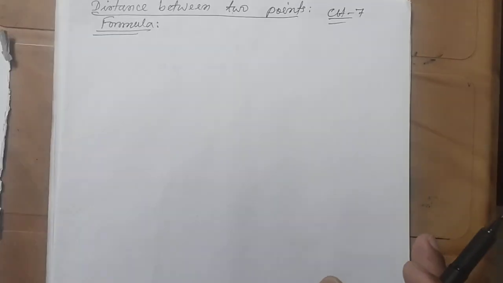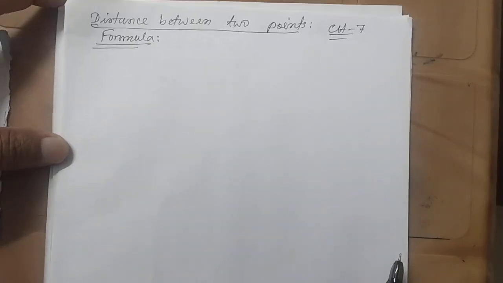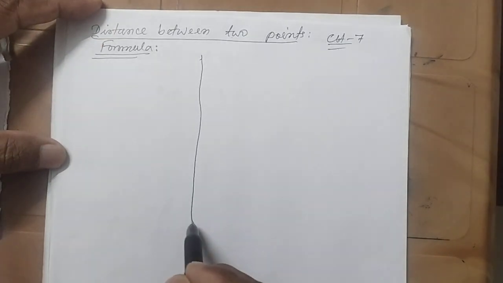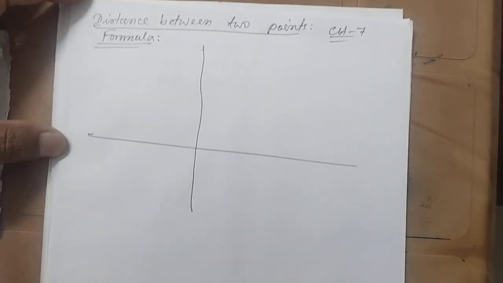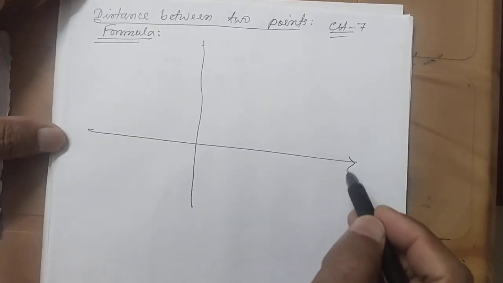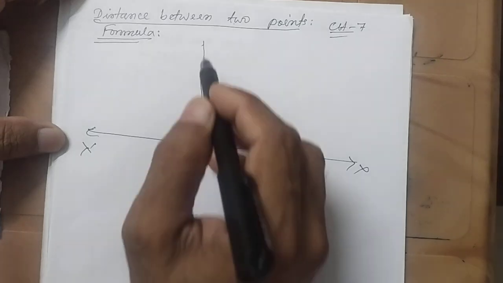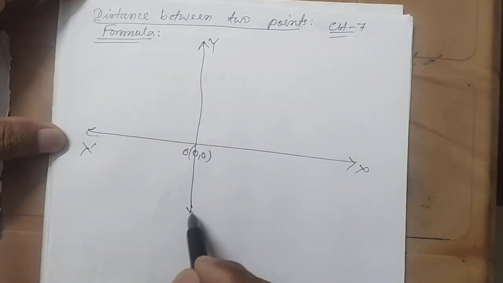Now, at first we are going to find the distance between two points. Look here: the horizontal line is the x axis, and I am drawing the same thing again, just roughly, you can draw it properly with a scale. The vertical line is y.